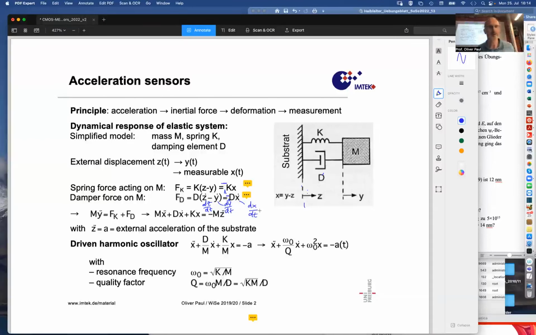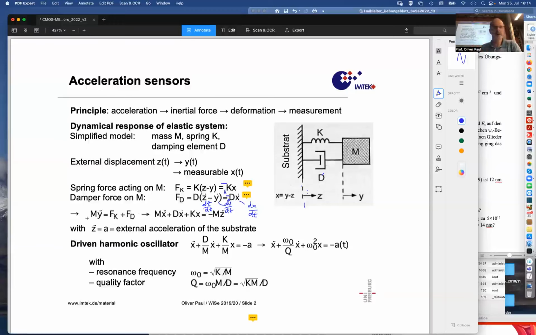over dt. And so now the motion of this mass is mass times acceleration. Acceleration of the mass is y double dot, the second derivative. And that mass times acceleration is, of course, the sum of the two forces that are acting, F_k, the spring force, and the damping force.